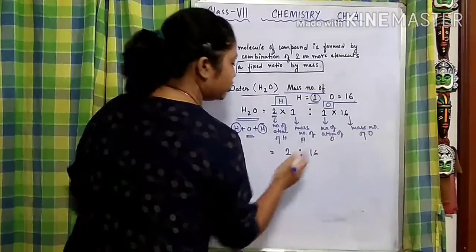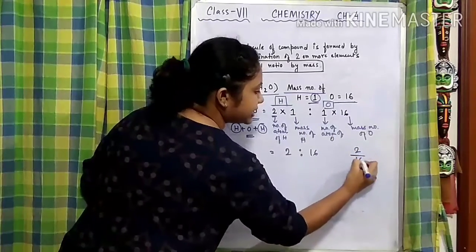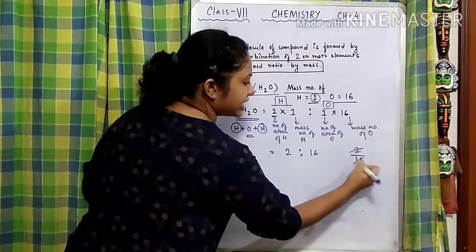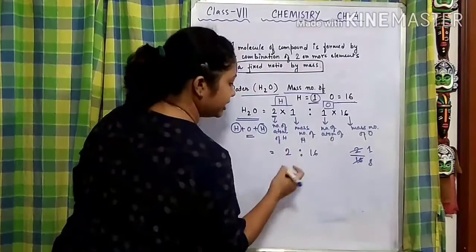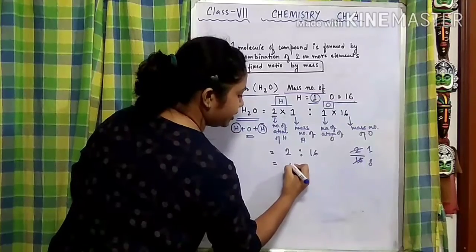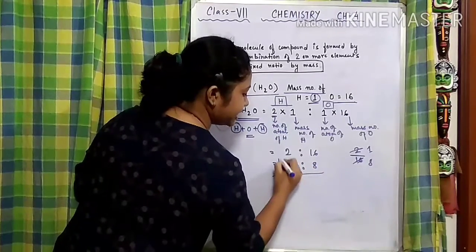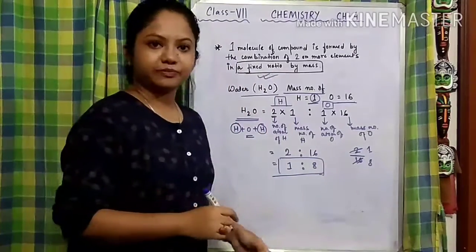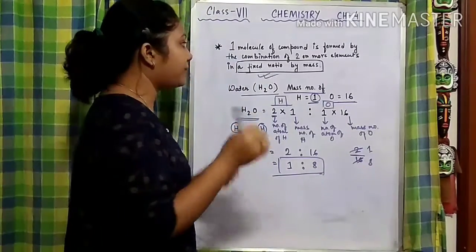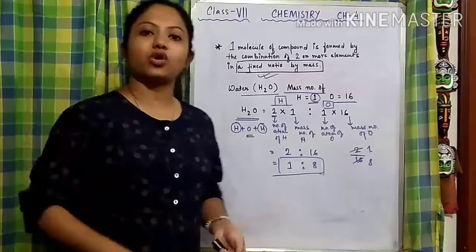Now, the ratio is basically 2 by 16, so we can cancel it out. 2 ones are 2, 2 eights are 16. Similarly, here we write 2 ones are 2, 2 eights are 16. Now, this is what we were talking about, a fixed ratio by mass. So what is the fixed ratio by mass for water? That is 1:8.